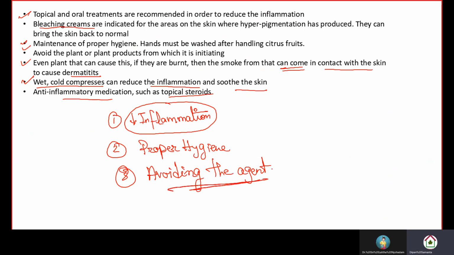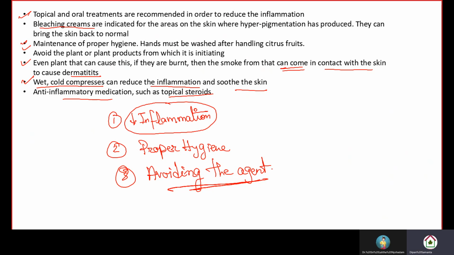In fact, there is no surety that only the raw fruit or raw plant can cause it. That is not the point.